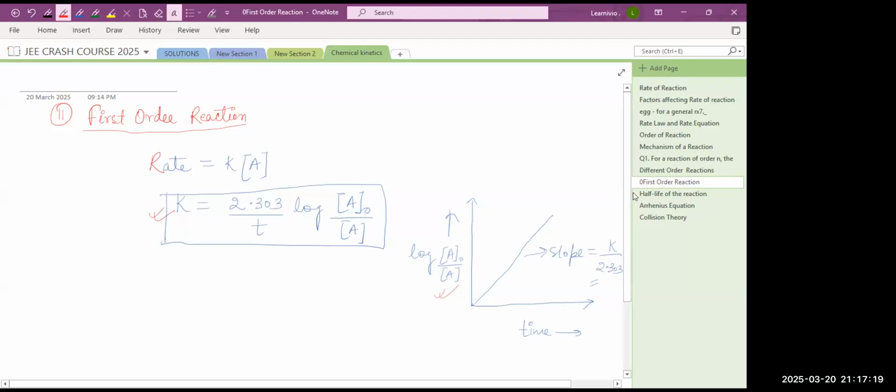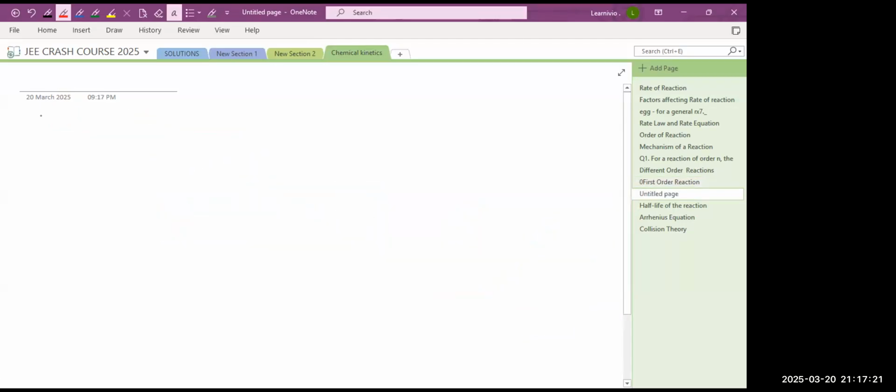Next is your pseudo first order reaction. You will tell me what is a pseudo first order reaction.